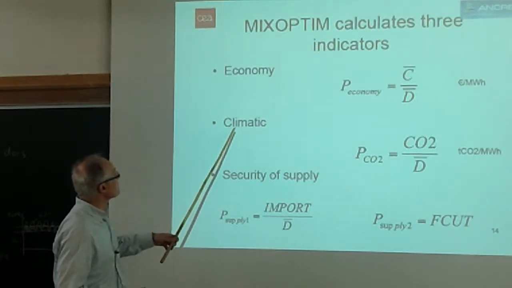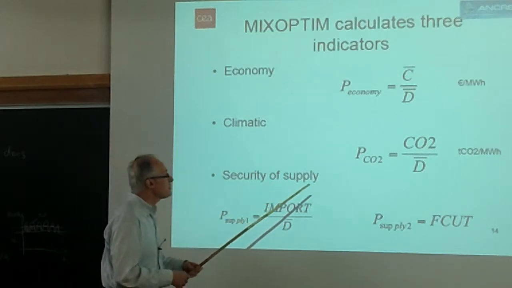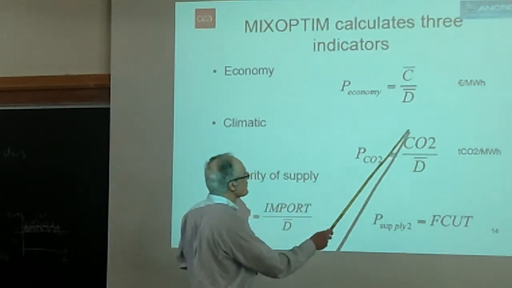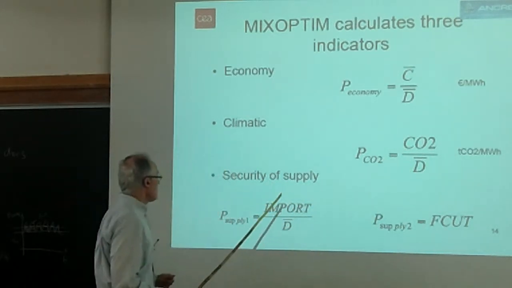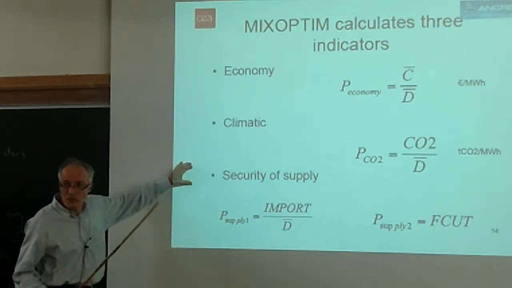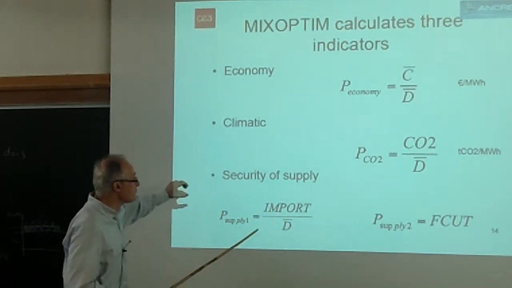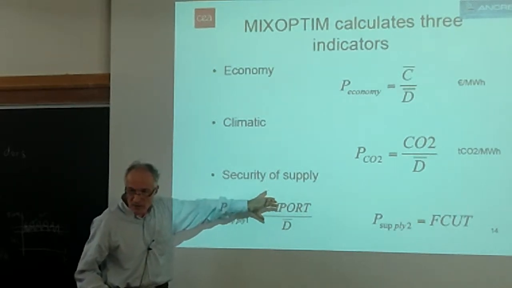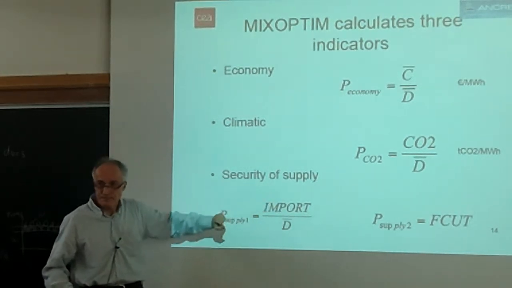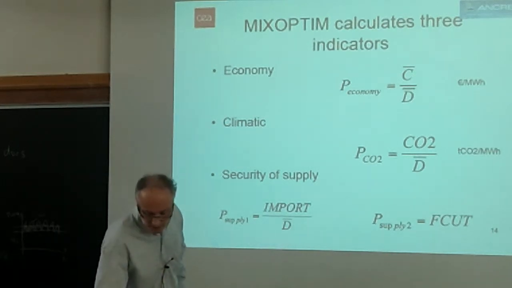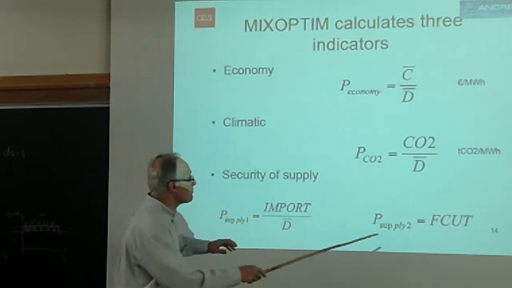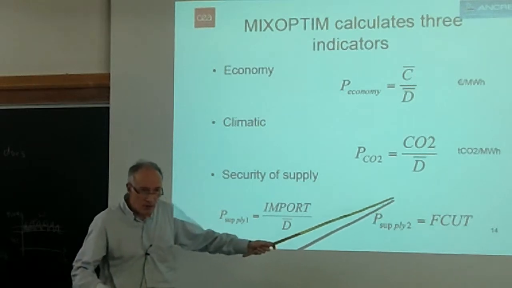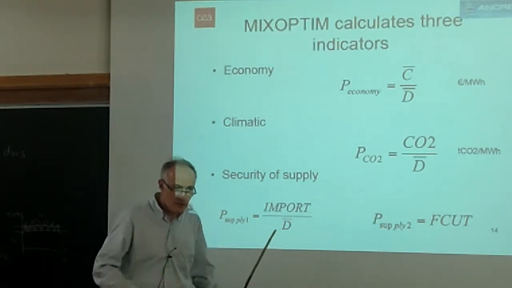We also calculate a CO2 indicator with exactly the same mechanism, and also an indicator of security of supply of the territory, which is in fact something like the amount of power that you need to import to satisfy the demand, and also the probability of being unable to fulfill this demand.